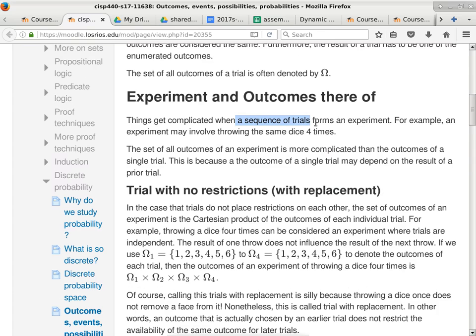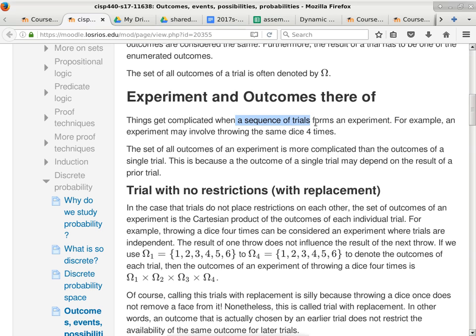So a sequence of trials is an experiment. When you draw the balls for lotto, it's an experiment because you're drawing 5 consecutive balls from the same cage, in that case without replacement, but it is still an experiment because it is a sequence of actions that results in the 5 balls that you have out of the cage. Are there any questions about these terms?